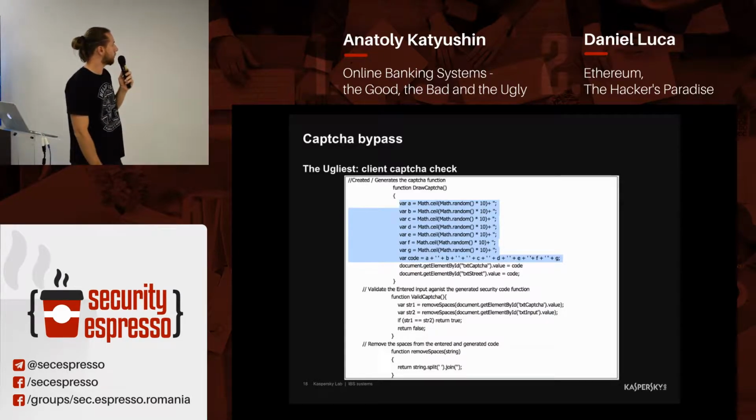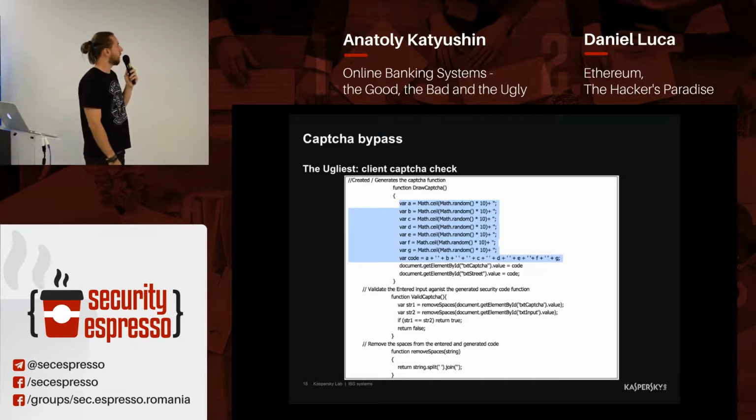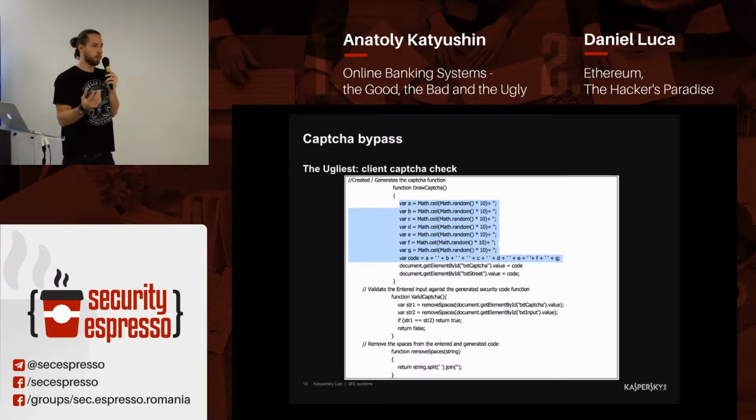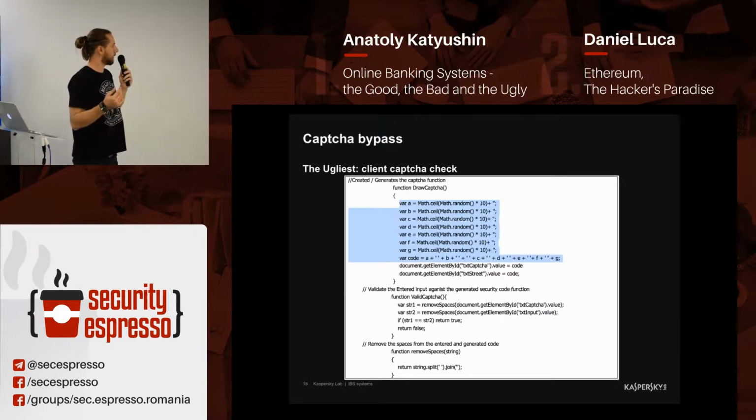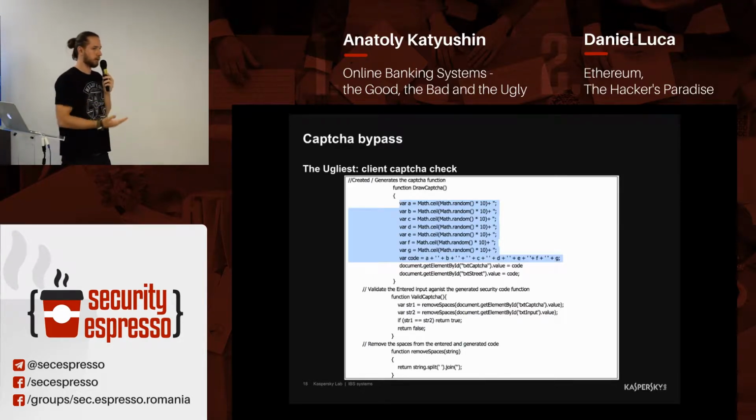The other case was with this matrix card. So we get from the system these coordinates, let's say D3, it will be L, and then we send to the system the value of the coordinate. So it works fine until you think that an attacker cannot eavesdrop on your traffic. If he can, then he will get this whole card.